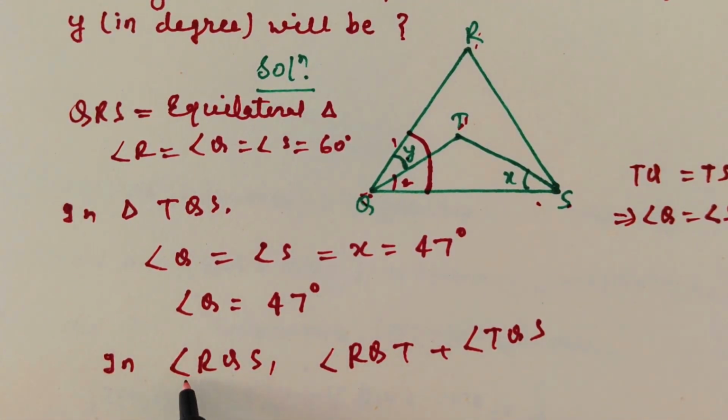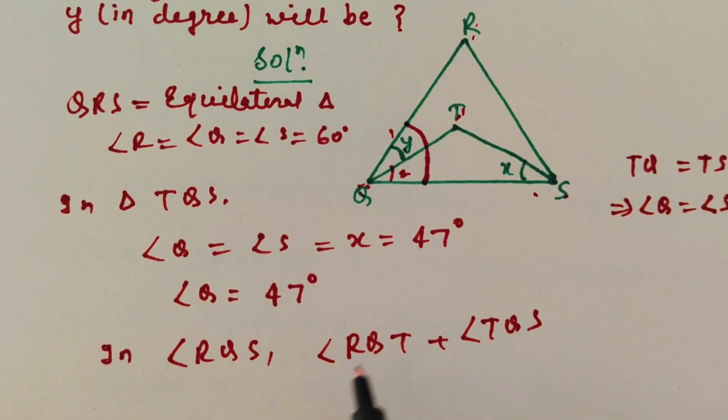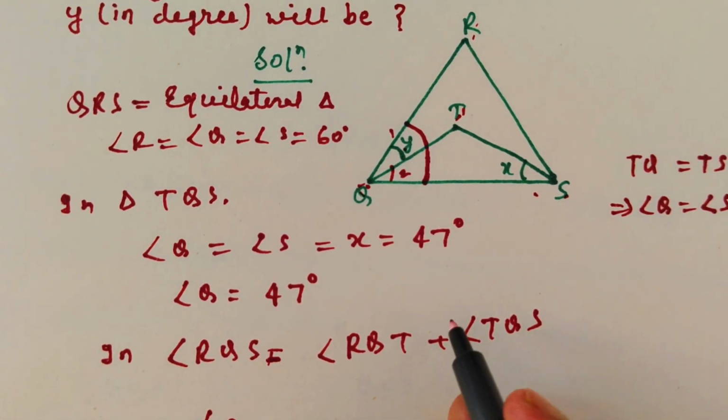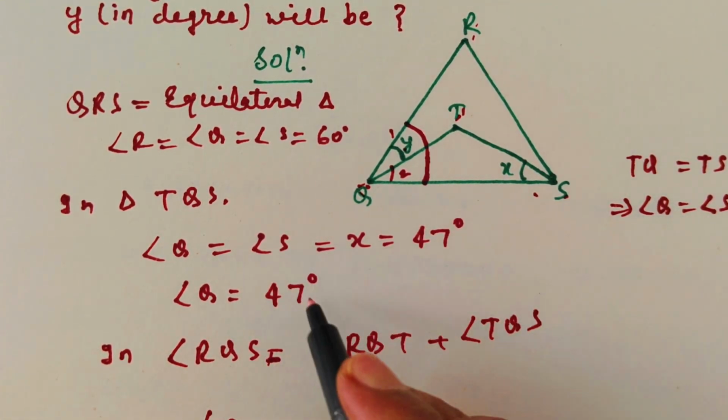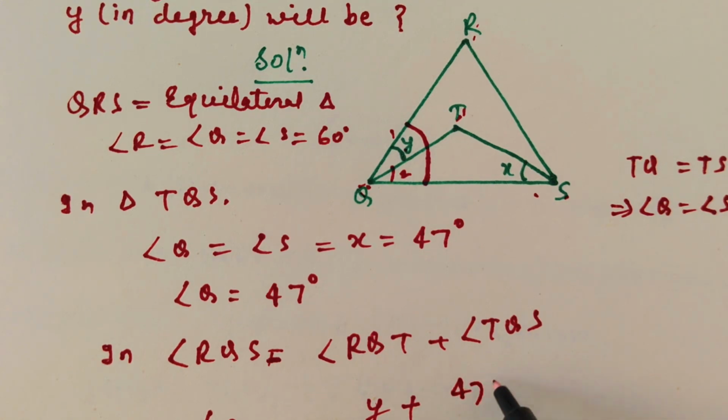Here RQS is the angle of the equilateral triangle, so it is 60 degrees. So we write 60 degrees equals RQT, which is Y, plus TQS. Here we can write Q equals 47 degrees.